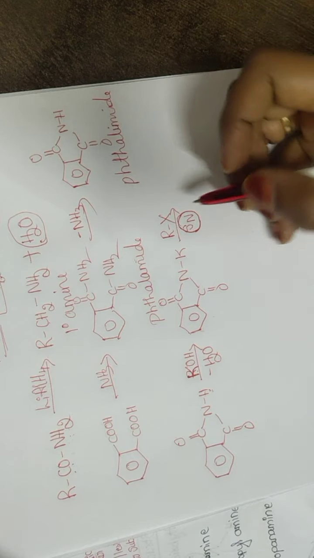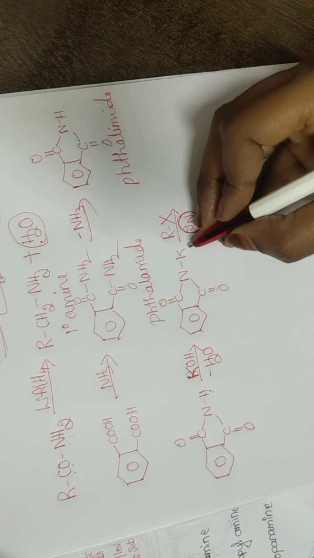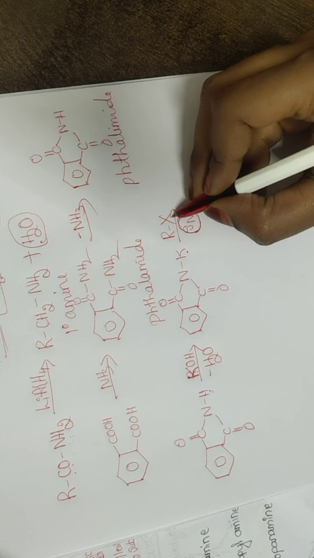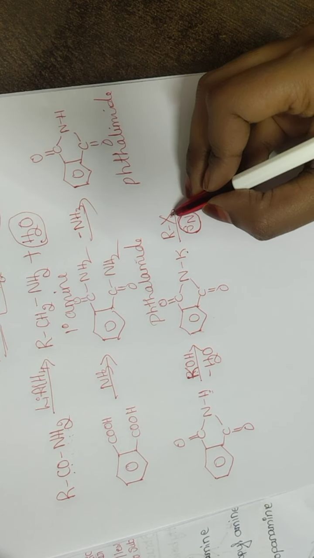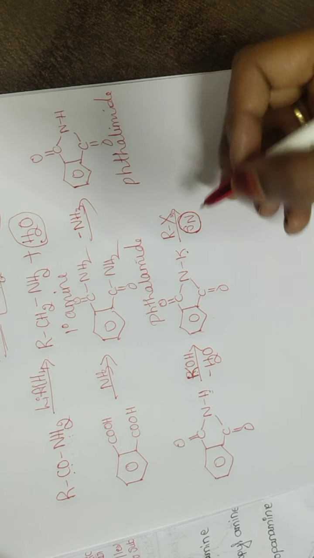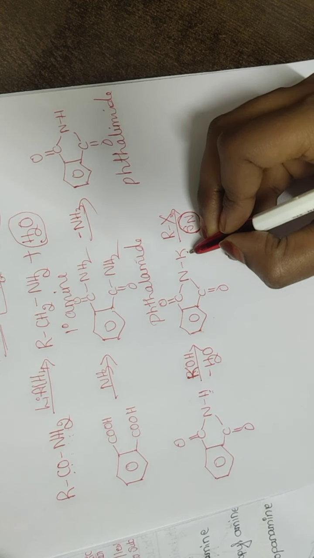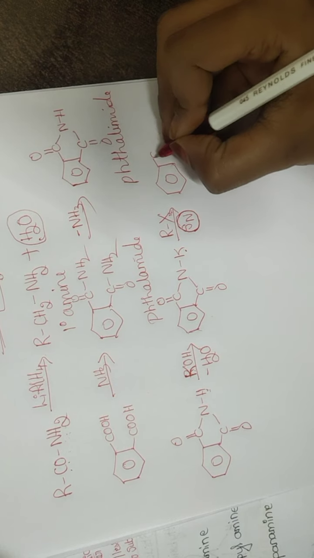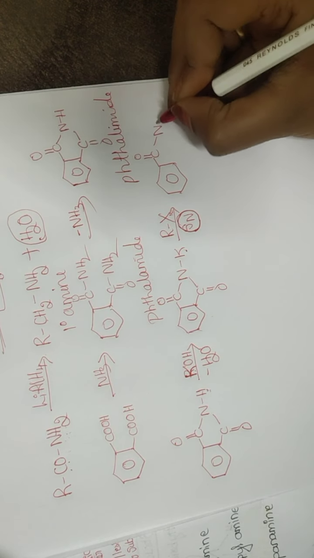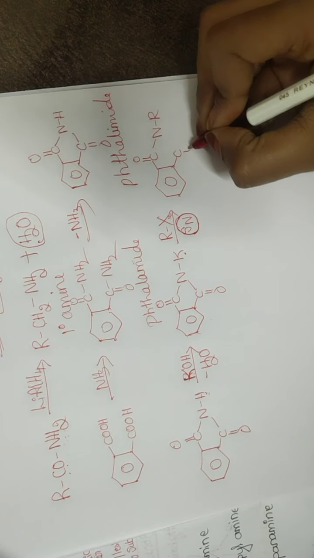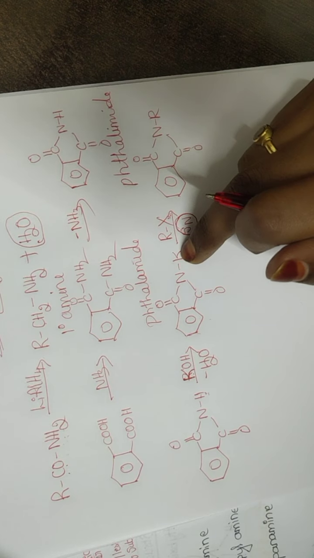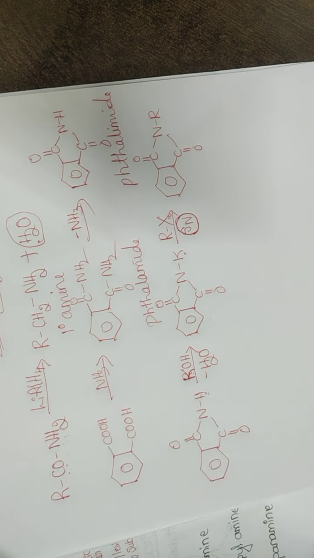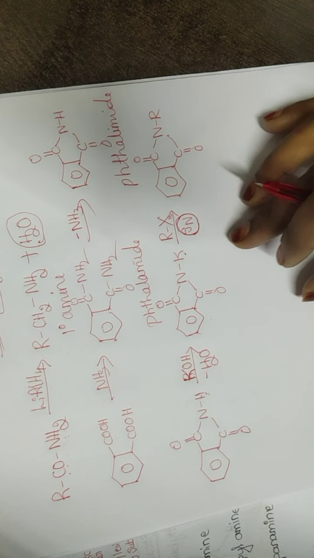Usually alkali metals have a very great affinity towards the halogen, so potassium will combine with a halogen and R will replace the K. So the next step product will be like this: N bonded to R, then this potassium will combine with a halogen and come out. So it is a nucleophilic substitution reaction.